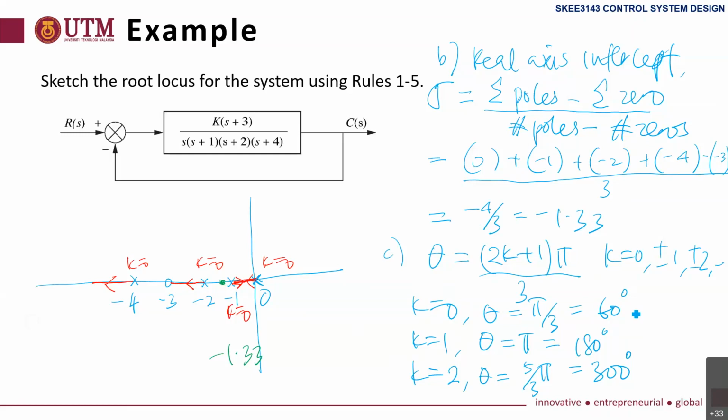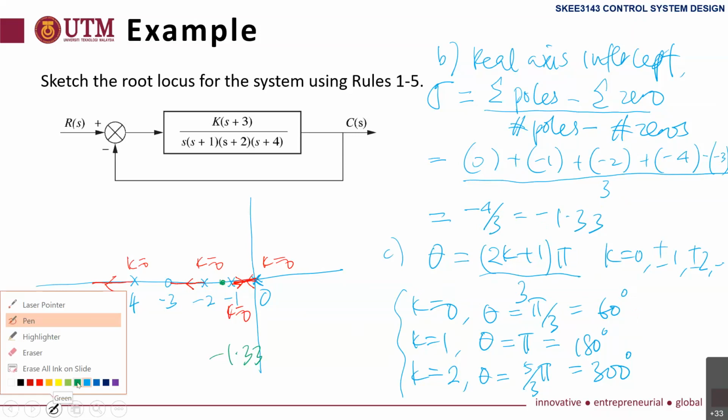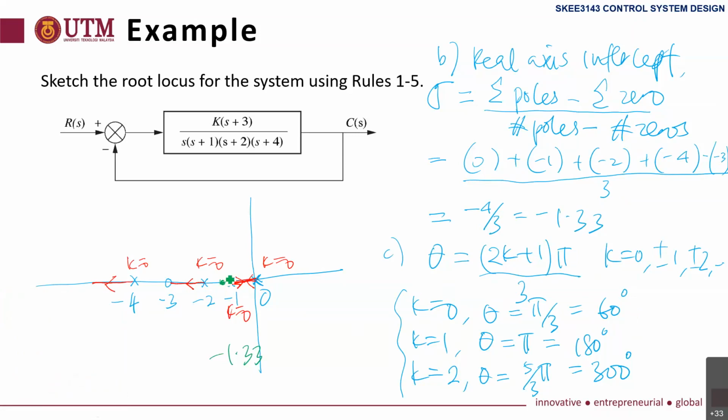Usually, if we have 3 poles, if we have 3 asymptotes, then we need to find 3 angles. What does this look like? That means from 1.33, negative 1.33, we have 60 degrees.